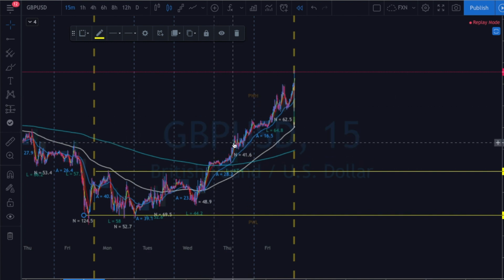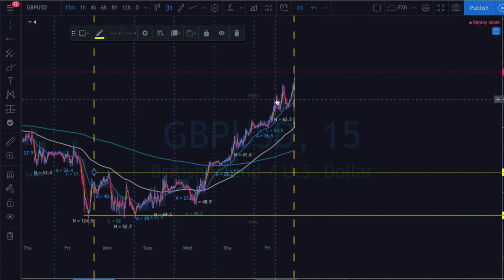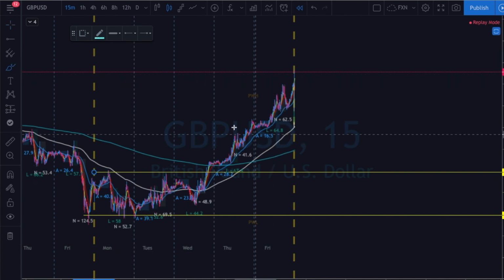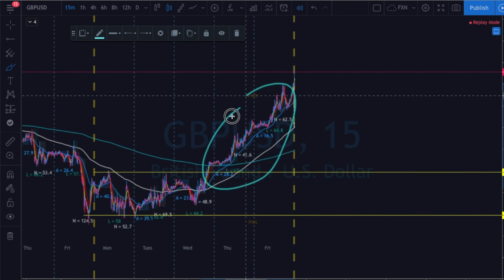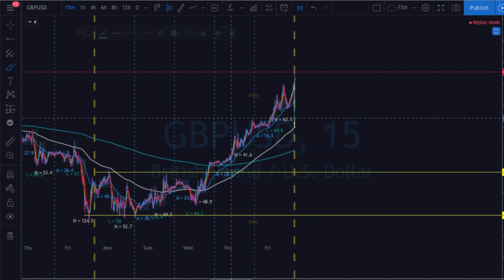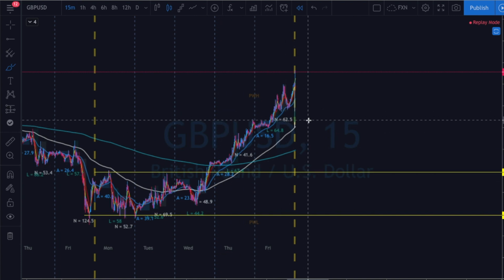This happens whenever they're trying to set up for the following week. So this behavior, these 2 days of rise, is on purpose so they can set up for the following week.